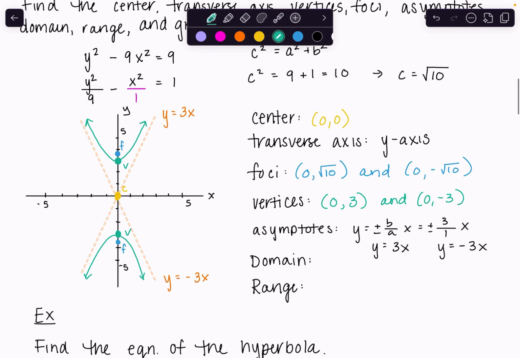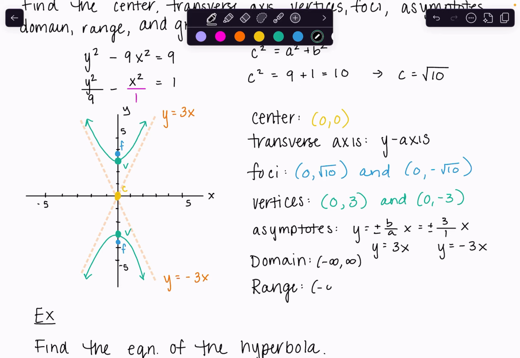Now I want to get the domain and the range, and thankfully domain is x values. We go to the left and right forever. So our domain here is all real numbers. The range is a little bit harder because I don't take on these values in between. So really I have one piece which goes from 3 to infinity, and then another piece which is negative 3 down to negative infinity.